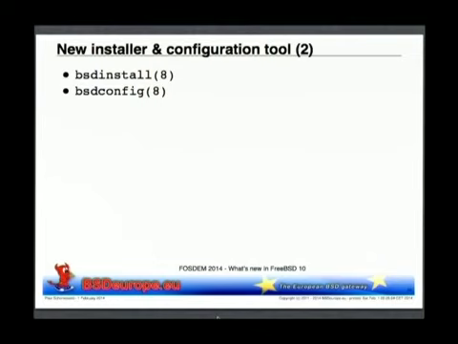Sysinstall did two things. One is installation of the system, and the other thing was the menu where you could set your root password, your time zone, do your networking, add some users and stuff like that. That's been split off. We now have two separate tools, bsdinstall for the installation and bsdconfig for all the post-installation system management stuff, because people want to revisit that and don't need the installation stuff anymore.